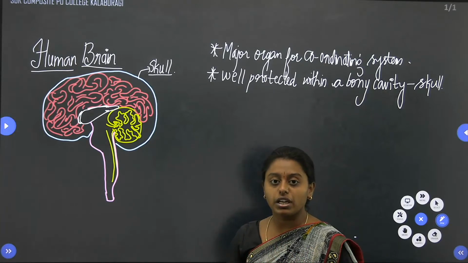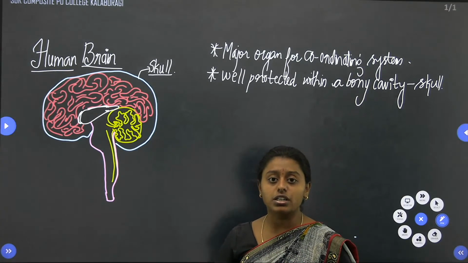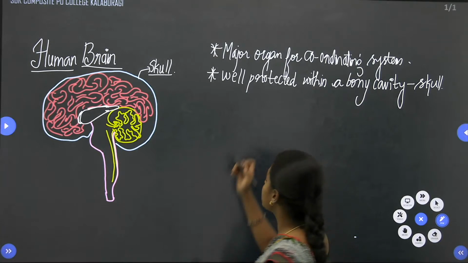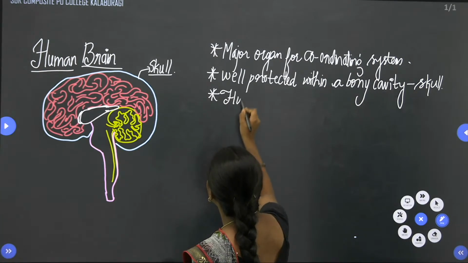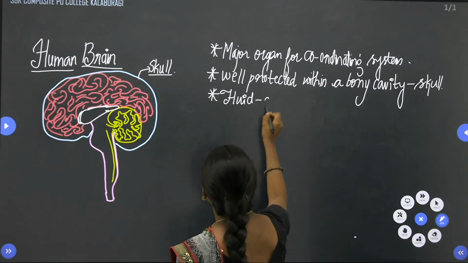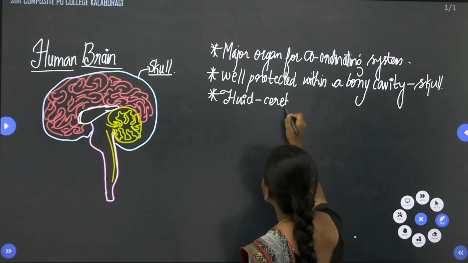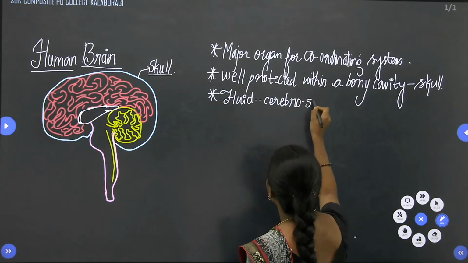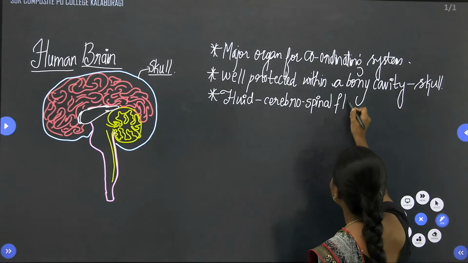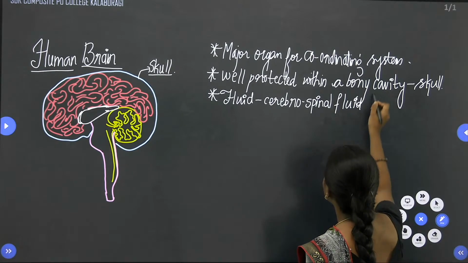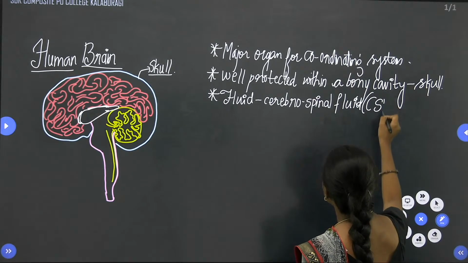So the brain is also containing a special fluid. This skull is filled with a fluid called cerebrospinal fluid. It is CSF.